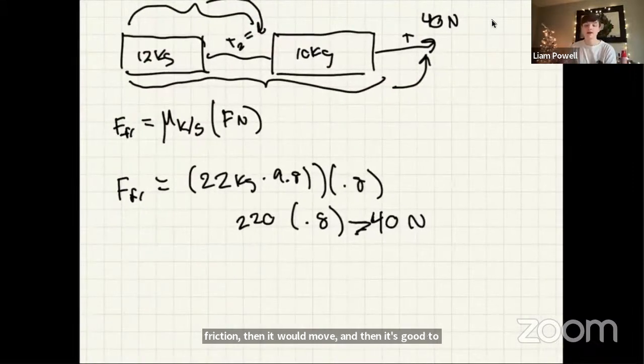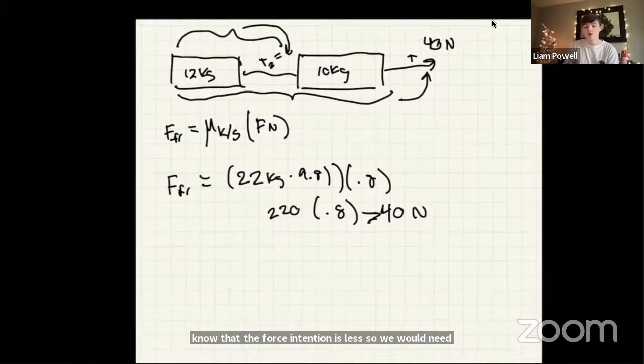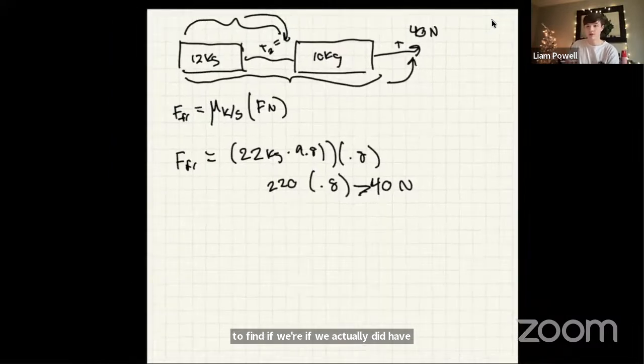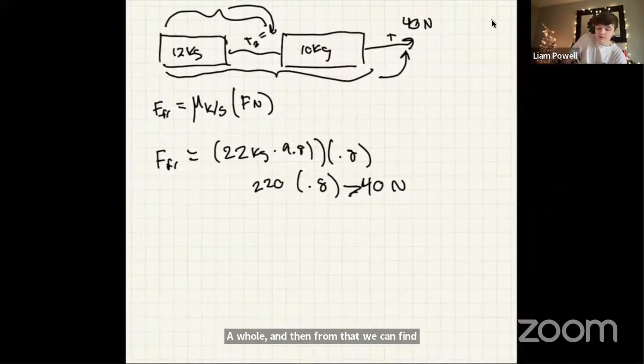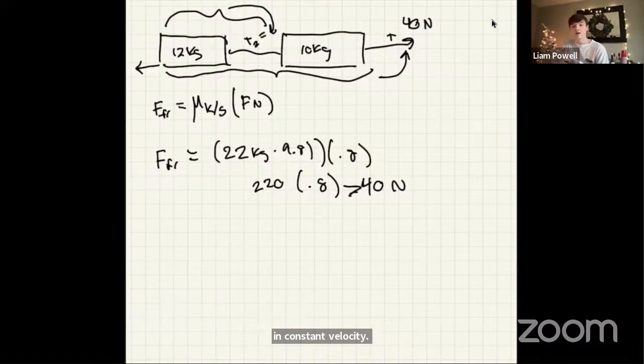If we actually did have movement in the system, we would find the acceleration of the system as a whole. And then from that, we can find the tension force, if it's moving at constant velocity, from the force of friction. If it's accelerating, we can find the entire system. And then let me get my red pen.